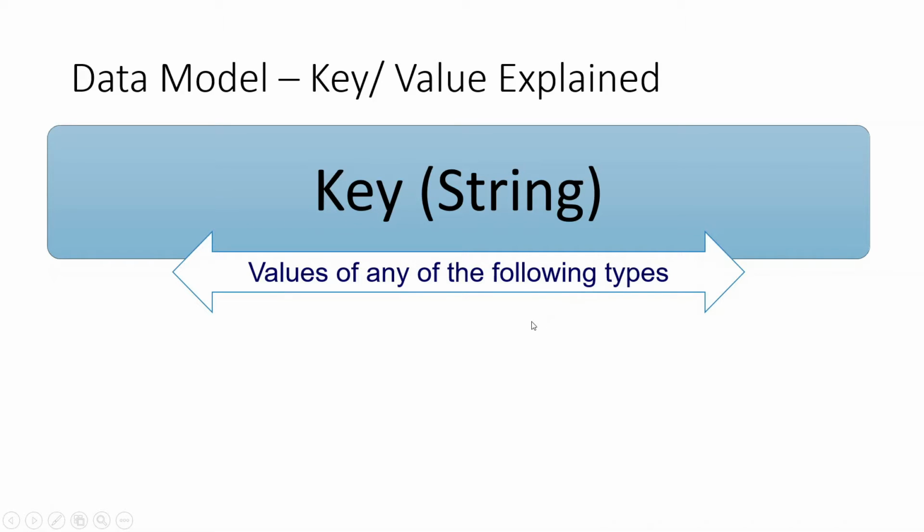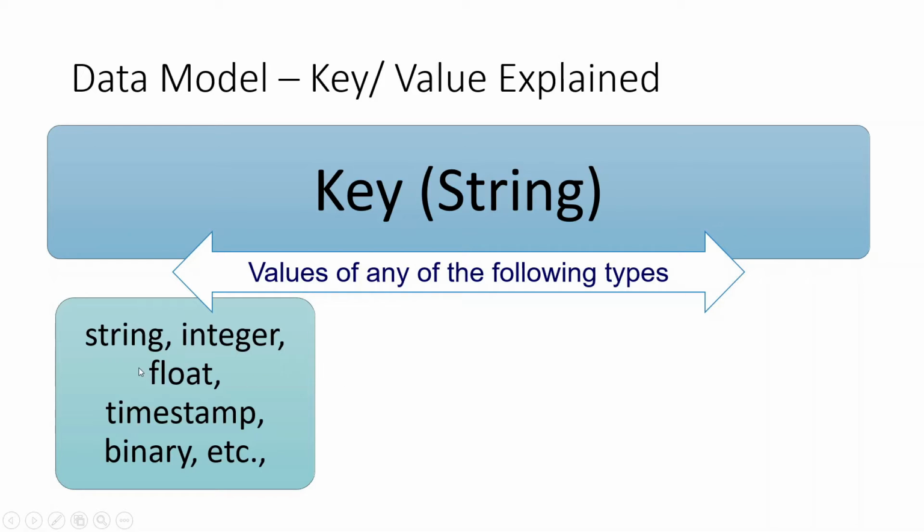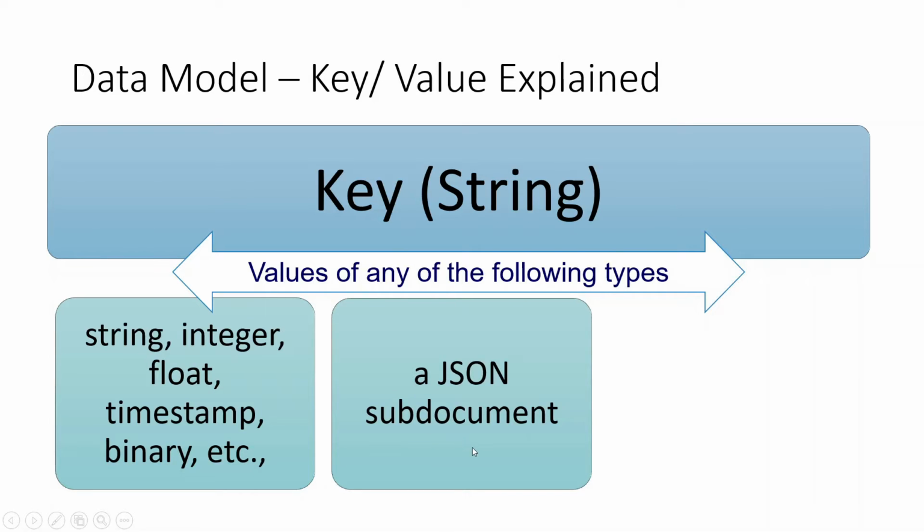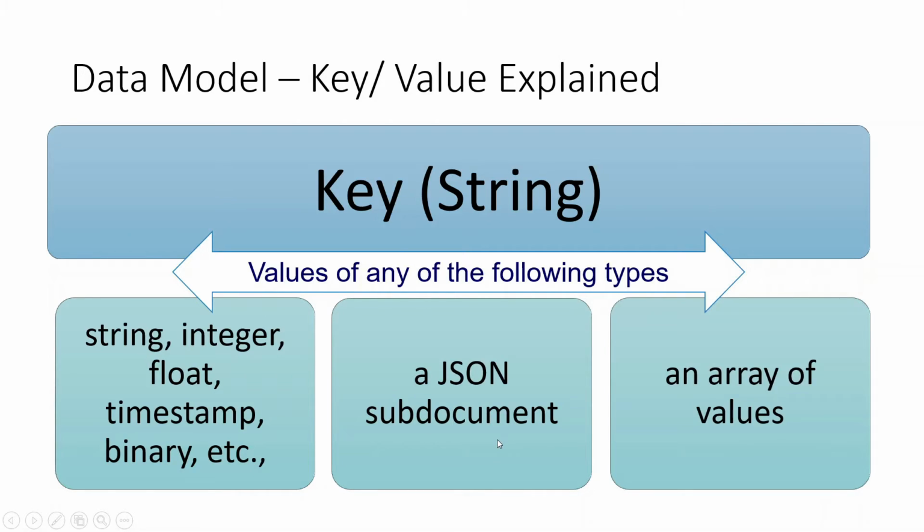Values can be any of the following data types: string, integer, float, timestamp, or a JSON document, or an array of values also. This I have already explained in my previous video, where we talked about the introduction to MongoDB. The link is given on your screen. If you have not watched those videos so far, you can go to those videos.